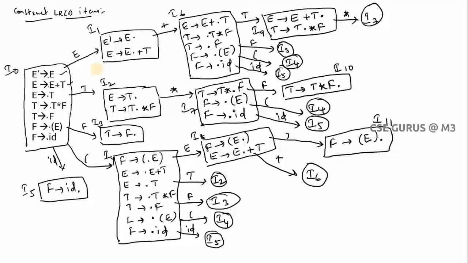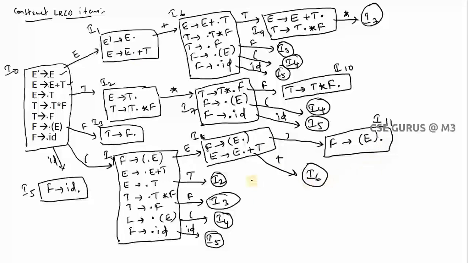Then you check if any non-terminal is there after the dot; if so, you again write all the productions of that non-terminal from I0. If there is a terminal or no symbol, no need to do anything. So we proceed until all are completed.